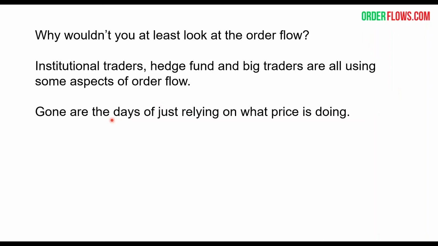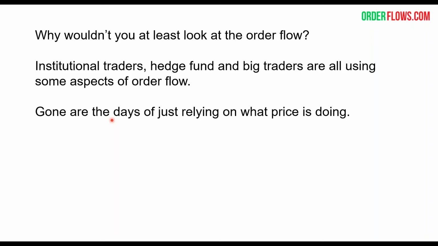Why wouldn't you use that information? To be honest, institutional traders, hedge funds, and big traders are all using some aspects of order flow. In reality, there's an arms race going on at the institutional level to take all the information generated from the market, and I don't say mine it, but find useful bits of information that they can put into their trading system, their algo, to take advantage of it.